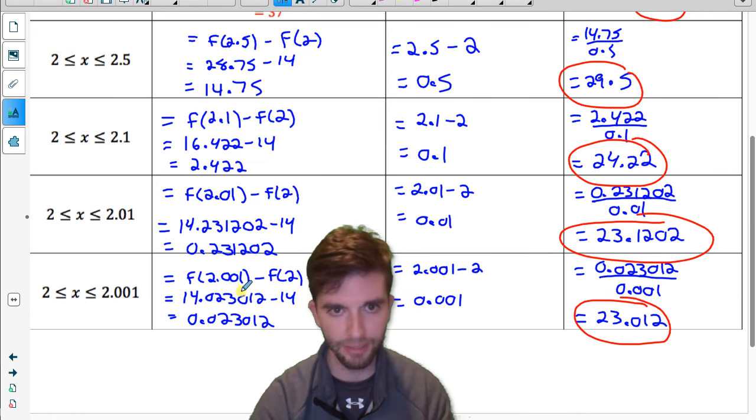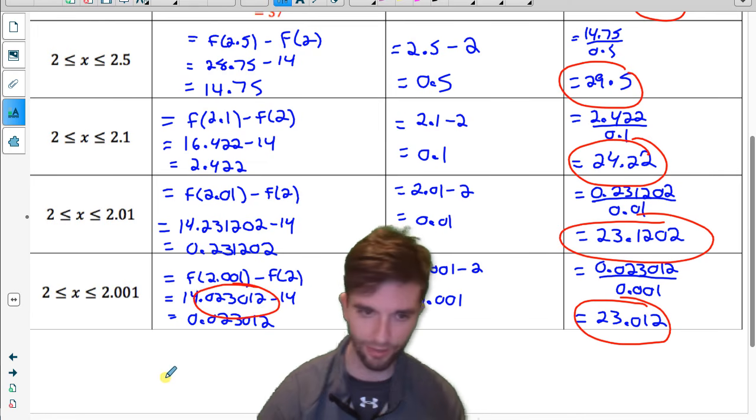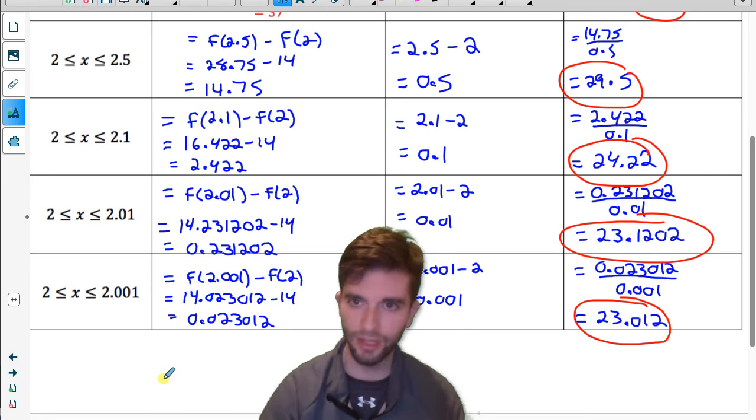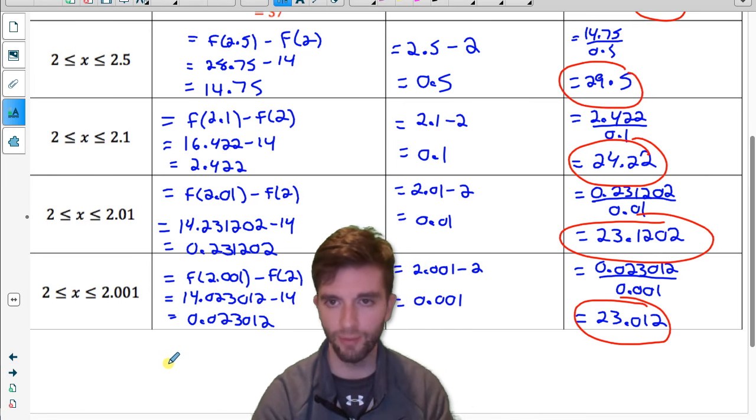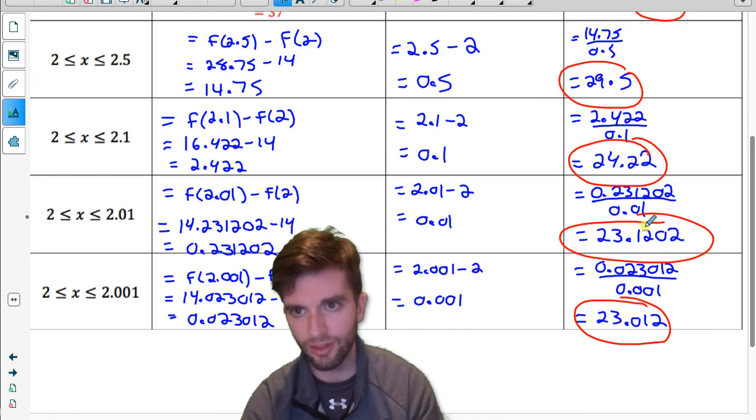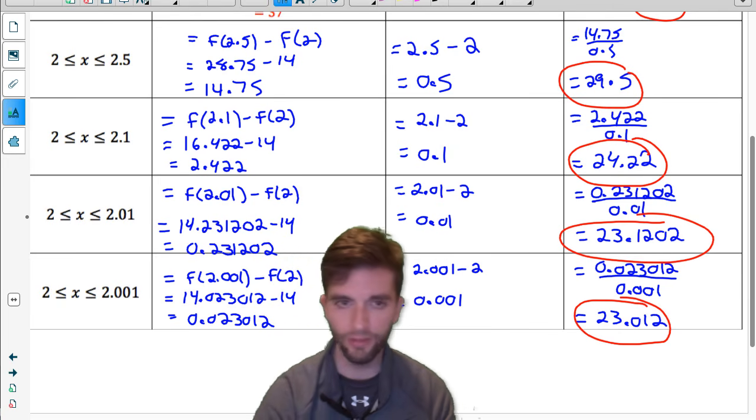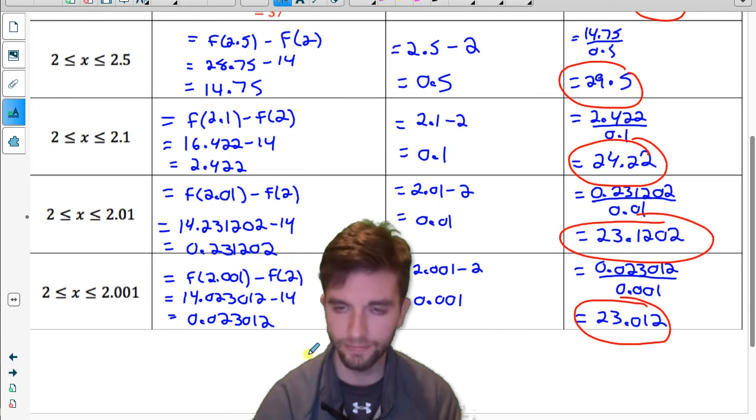And notice I kept a ton of decimal places as I was doing this. Keep all of the decimal places. That's very important when you do these types of problems so that you can really see the trend in what the secant slopes are approaching.